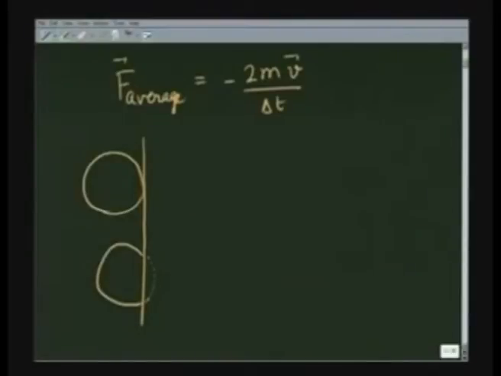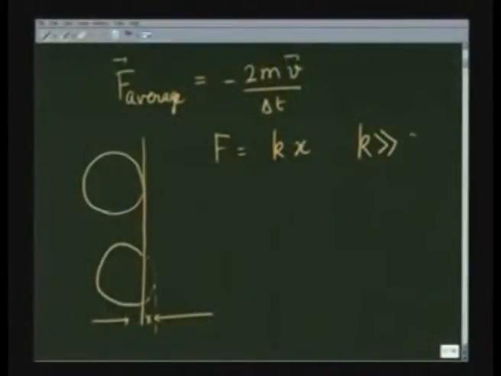and the force it applies after being squeezed by an amount x, this being x, is F equals kx, and since this is a hard ball, k is much greater than 0. It is a very large number. So, it is like a very hard spring.